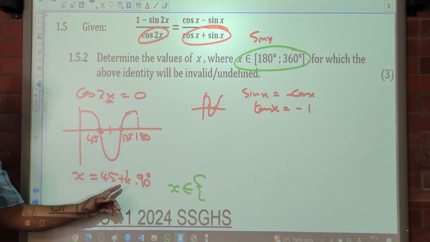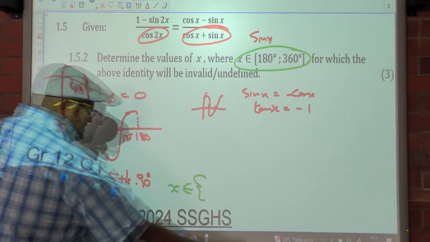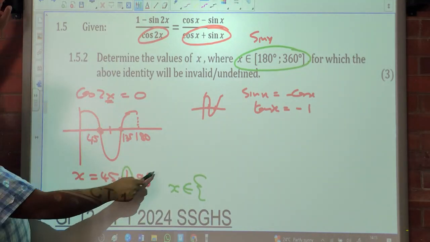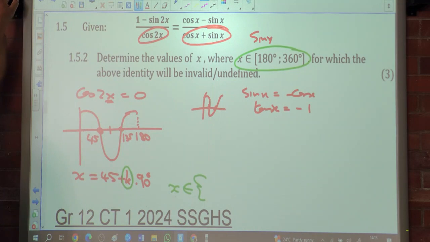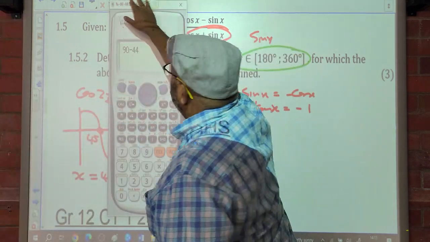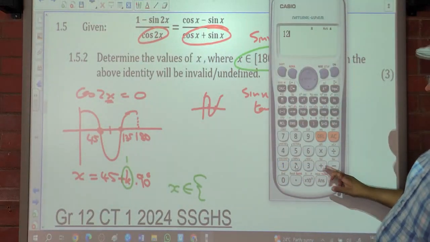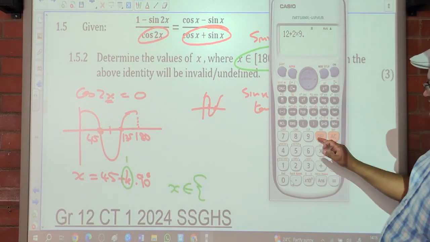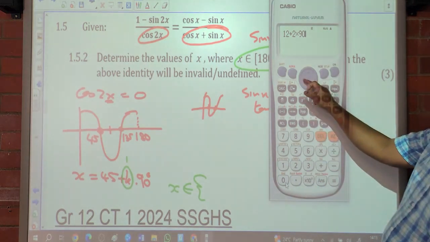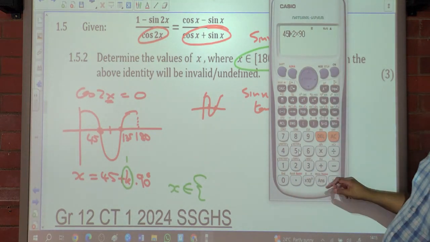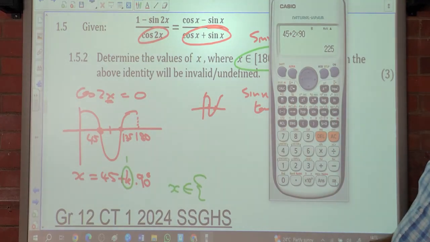So what do I do? I say x is an element of, and I start listing. I put the 0 where I see k. If I put the 0 where I see k, what do I get? 45. Is that inside or outside? Outside, yes. Now if I put 1 in here, what do I then get? 135. Inside or outside? Outside, yes. Now what if I put 2 in there? So it's now going to read 45 plus 2 times 90. So that's 180 plus 45, which is 225. Inside or outside?